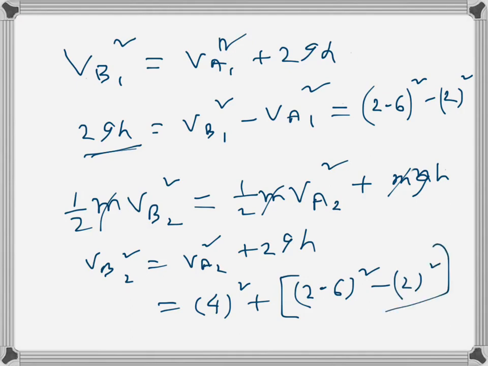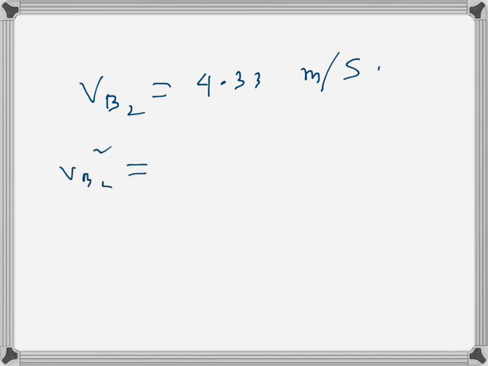Once I solve that and take the square root, the result is VB2 equal to 4.33 meters per second. Let me just walk this through. 16, because 4 squared is 16, and then 2.6 squared minus 2.2 squared: a squared minus b squared is equal to a plus b times a minus b.